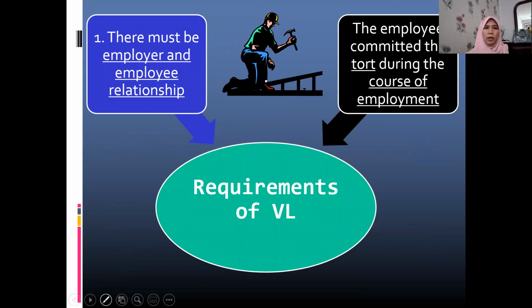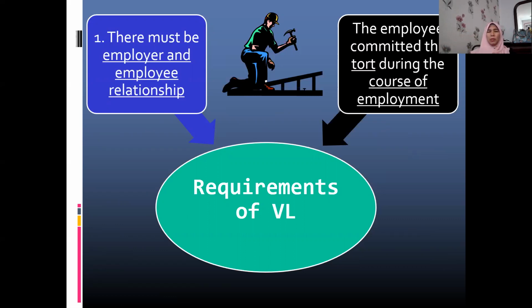So for the requirements of vicarious liability, there are actually two important requirements here. The first one, there must be a relationship of employer and employee. Then only the issue of vicarious liability may arise. Otherwise, there's no such thing as liability imposed on one party for the torts committed by the other party.